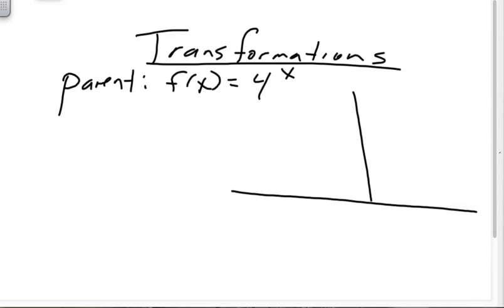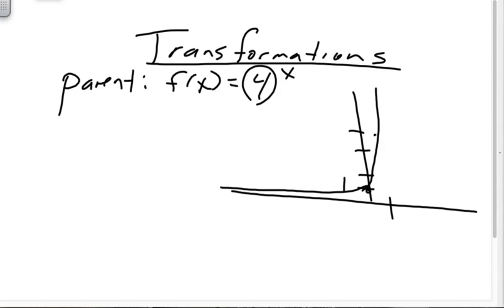Again, I know it's going to go through 0, 1. And at 1, it's going to go to 4. So this guy looks like this, and then it's going to come like that. So that's this guy.